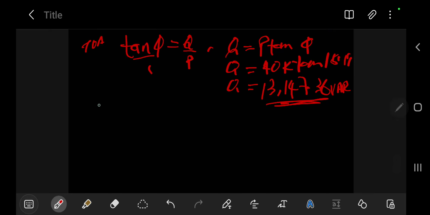So again, you can find your complex power for load 2 as being P2 plus jQ2.